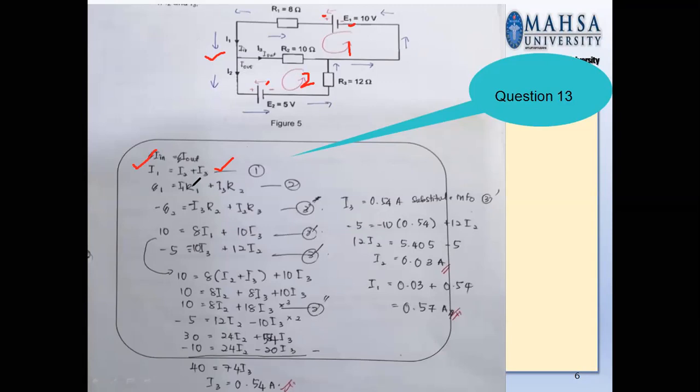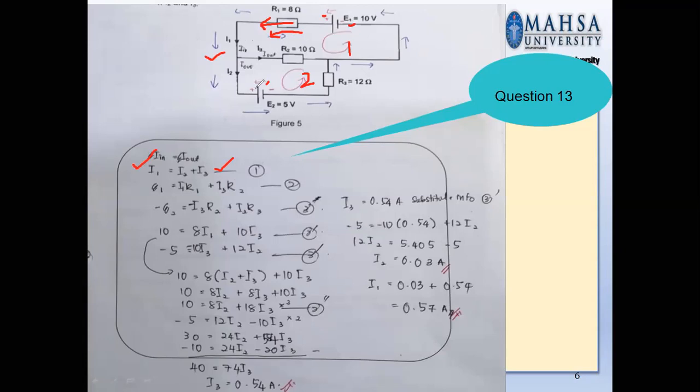I1 R1: here you have I1 across R1. Compare with the loop, you have the same direction as the loop. I3 R2: it depends on the current across your resistor.